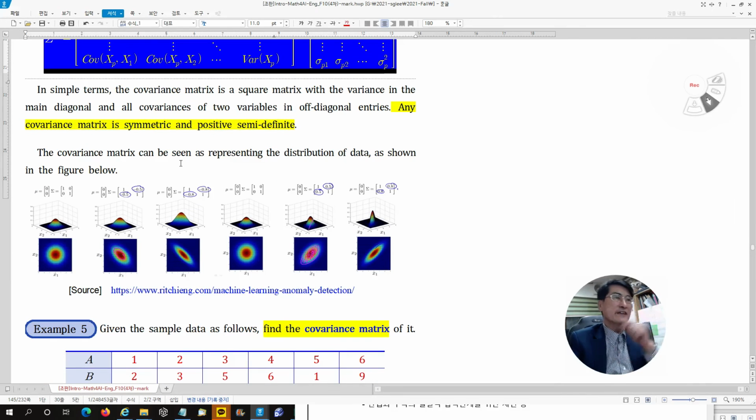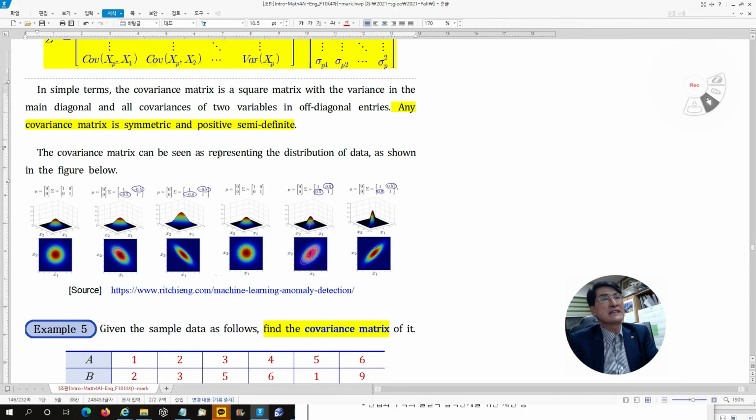The covariance matrix can be seen as representing the distribution of data as shown in this figure. Here, if it's the identity matrix with ones, then it's a circle with a kind of normal surface. If we have off-diagonal entries with minus signs, then it's rotated counterclockwise.